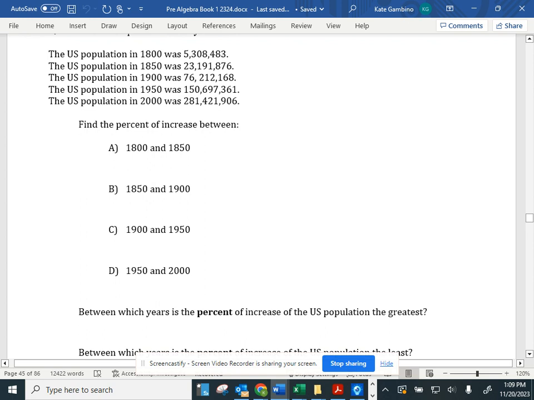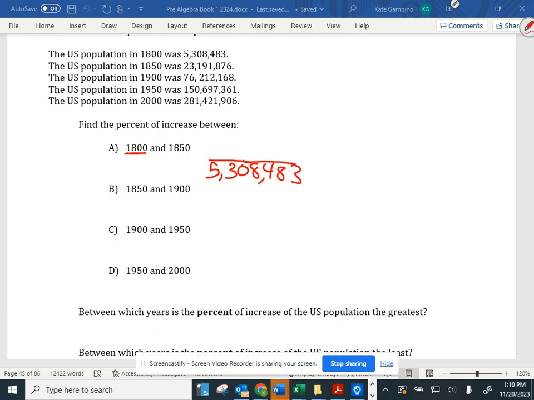Find the percent of increase between 1800 and 1850. So 1800 is my original, so I'm going to put that number on the bottom. And I want to find that difference between 1800 and 1850.